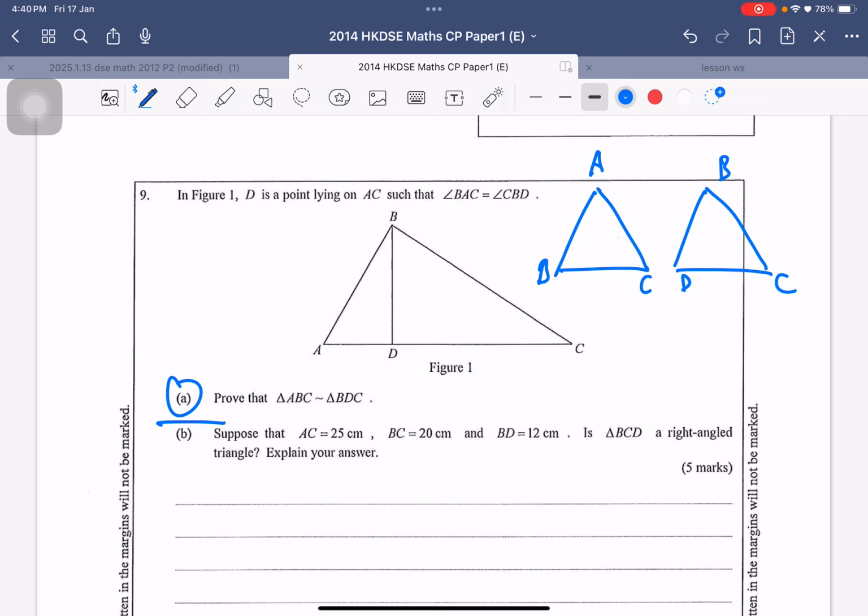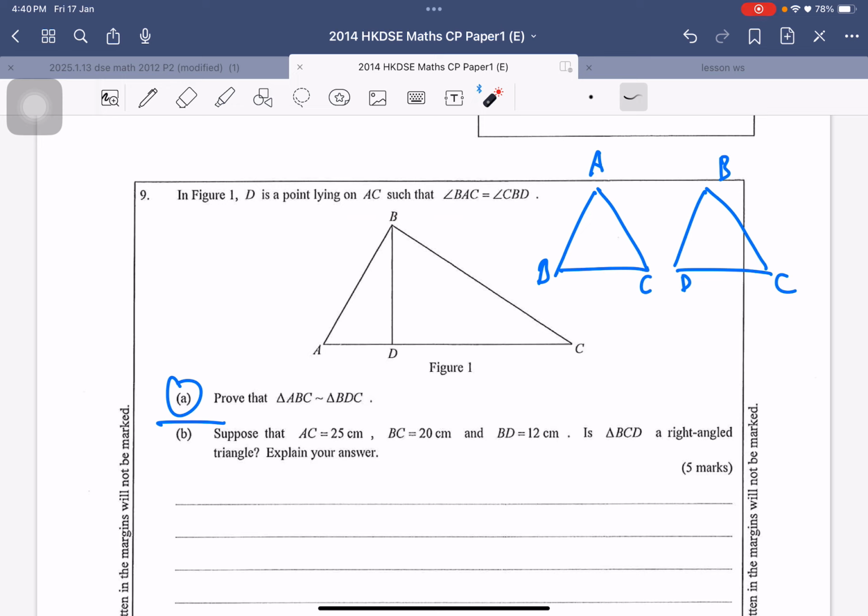So do I need to write the length here? No need. So what can I write? What we have. Read the question. AB equals BD. Angle BAC equals angle CBD.